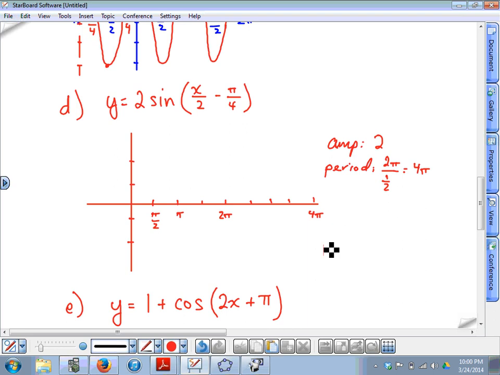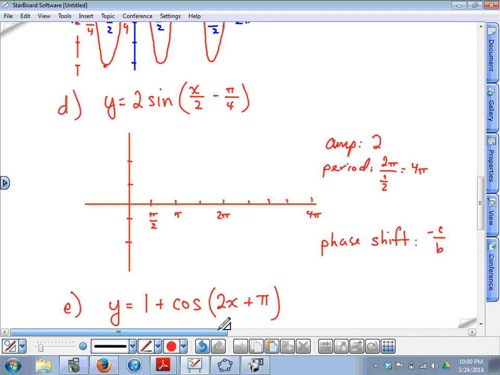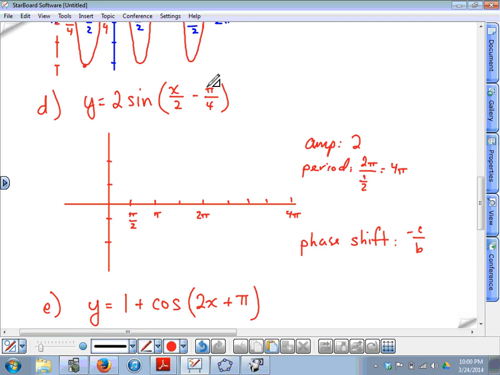I'm going to write this down here. I know it's a lot to keep track of, but this is not the phase shift, because b is inside the parenthesis directly in front of x. The phase shift is the opposite of c divided by b, where this is c. Now the opposite of c is going to be positive pi fourths.